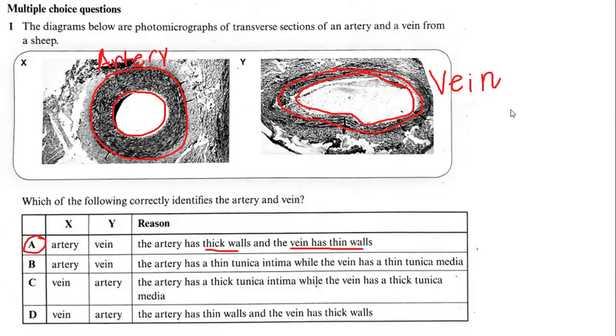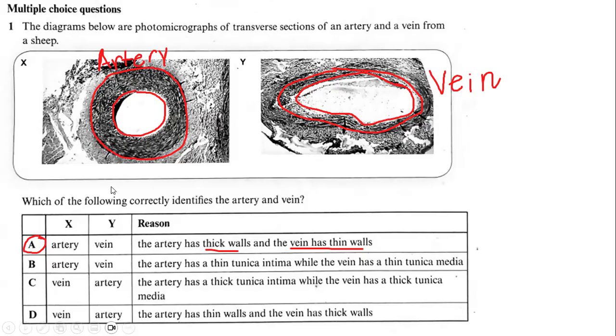What type of blood though? It typically carries oxygenated blood away from the heart, but the pulmonary artery carries deoxygenated blood away from the heart towards the lungs. Yes, the pulmonary artery is the only artery that carries deoxygenated blood. But in general, arteries carry oxygenated blood, and in general, veins carry deoxygenated blood toward the heart.